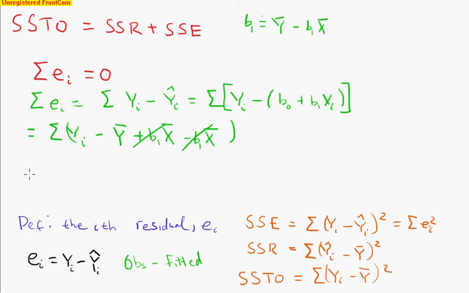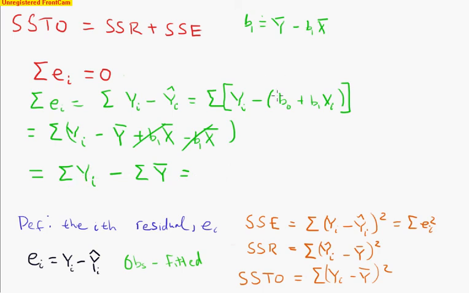If I bring the sum inside, this is equal to the sum of y_i minus the sum of y bar, from i equals 1 to n. Let's rewrite this in terms of y bar.